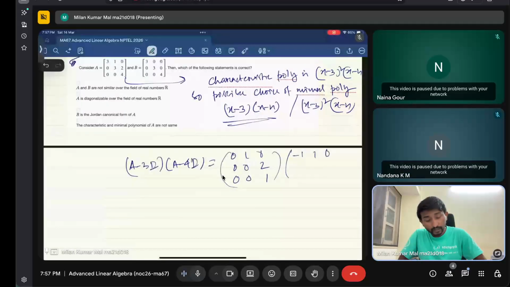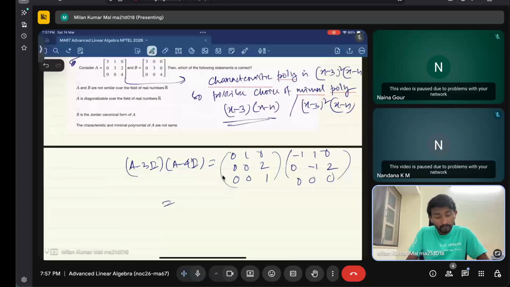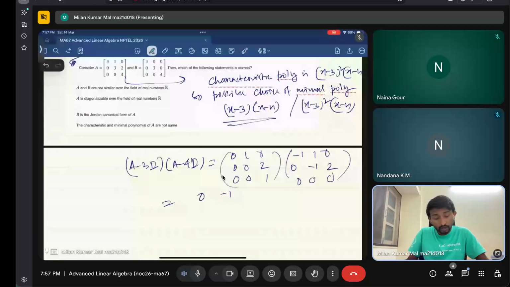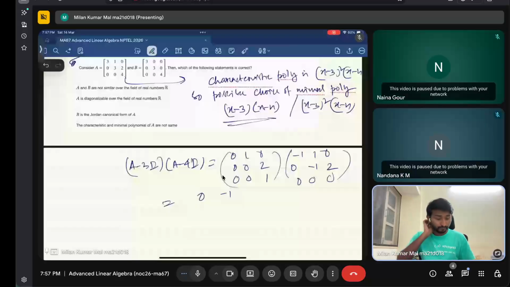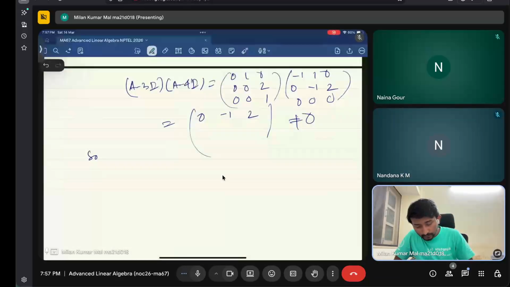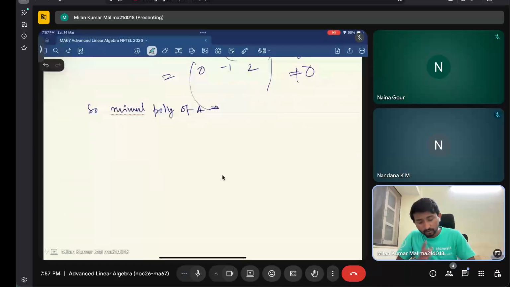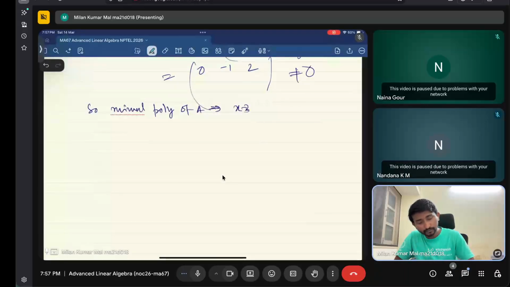If you multiply, the first term will be 0, the second term will be minus 1, the third term will be 2, so this is not 0. So the minimal polynomial of A is actually x minus 3 square, x minus 4.